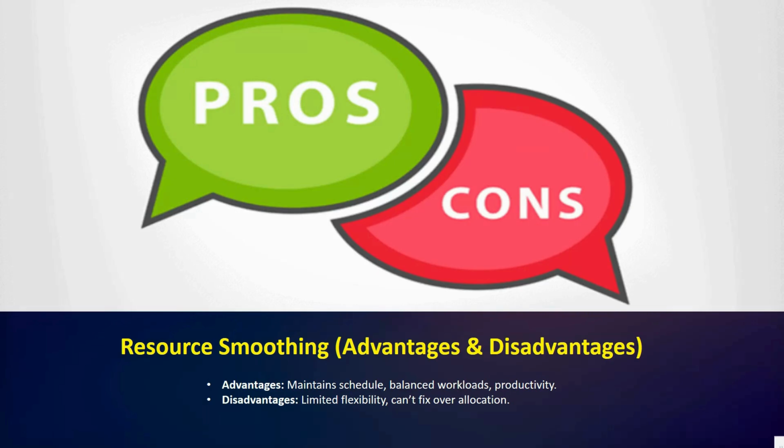And next we have the disadvantages. Yes, you can see the limited flexibility and cannot fix over allocation. So it has limited flexibility. If resources are truly insufficient, smoothing cannot solve the problems, and it does not resolve over allocation when no slack or float is available.